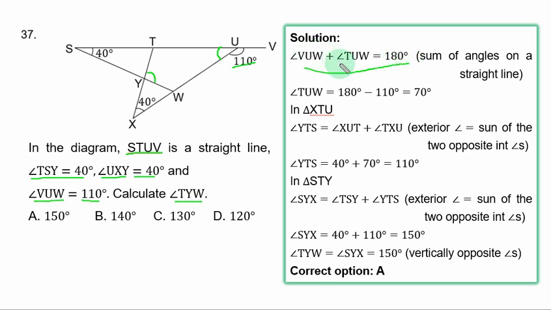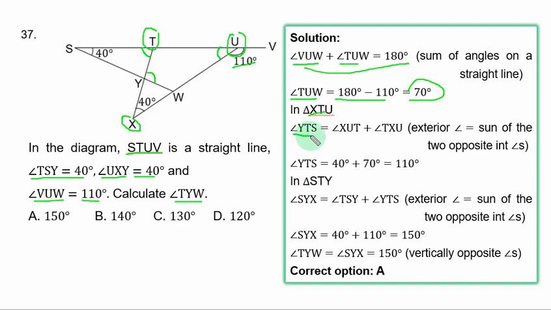Now, if you make angle TUW the subject by transferring angle VUW, that is 110 degrees, to the right hand side, angle TUW becomes 180 degrees minus 110, and that is 70 degrees. In triangle STU, we want to get this angle, which is now exterior.